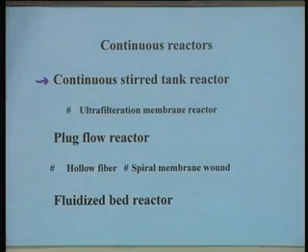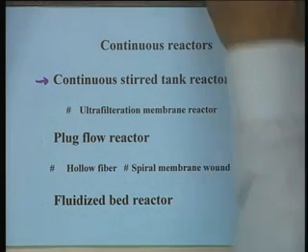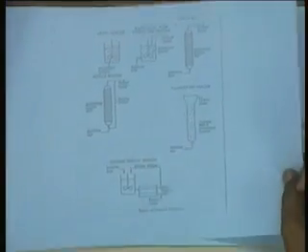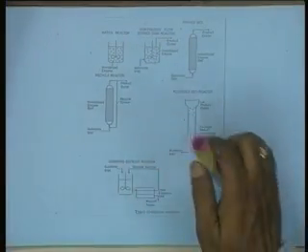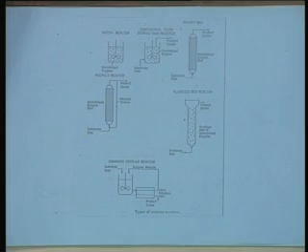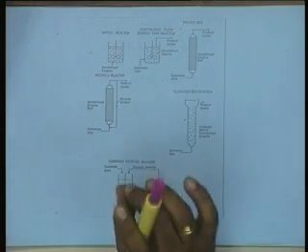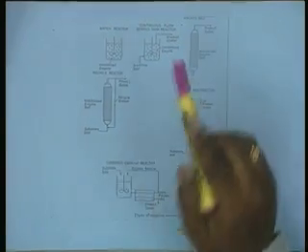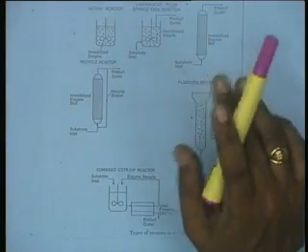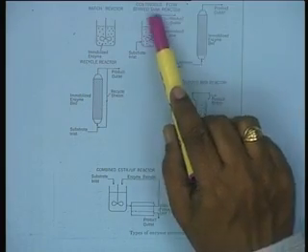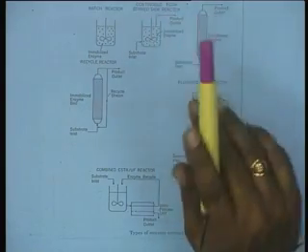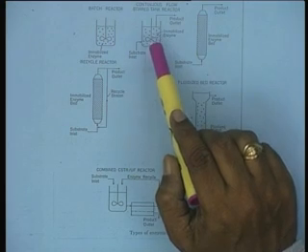You have the continuous stir tank reactor, and the classical feature of a continuous stir tank reactor, as you can see here, is that it is a type of stirred reactor in which you give a continuous supply of substrate in the form of feed, and at the same rate the product stream is taken out, while retaining the immobilized enzyme preparation in the reactor.